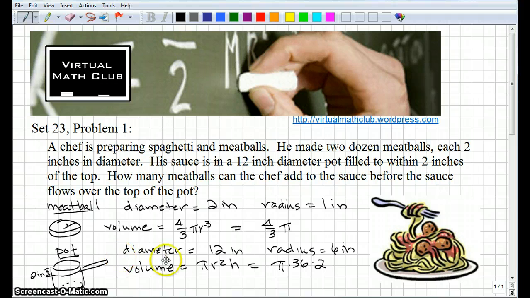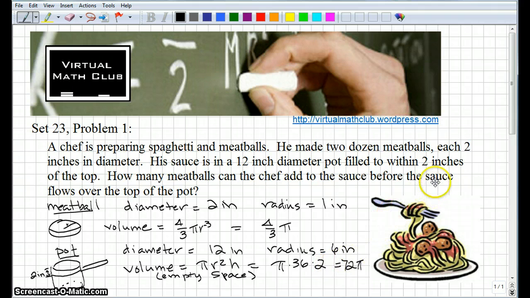So that's the volume of empty space, 72 pi. The number of meatballs that we can add will be based on how many of these 4/3 pi volumes we can add to this 72 pi volume until it's filled.